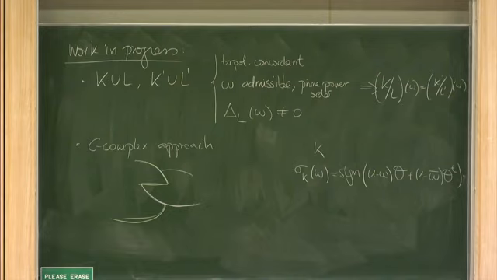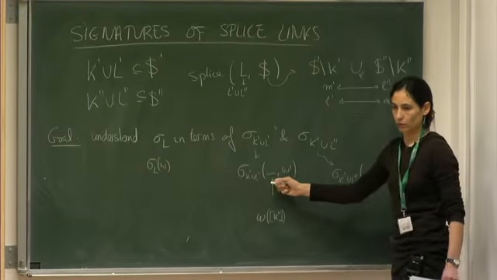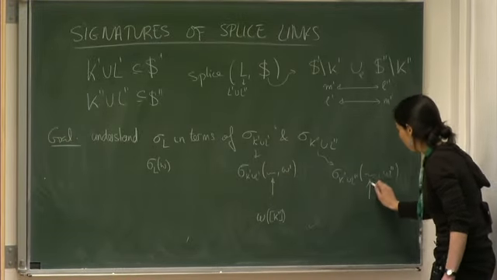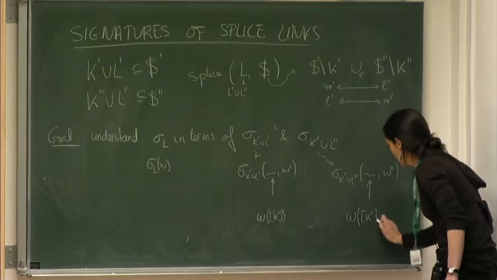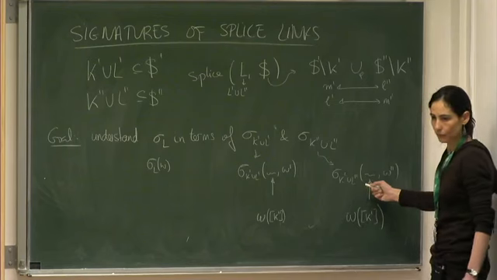So this somewhere is exactly: I understand my omega as a character, and I evaluate it in k prime prime, and I put it here. And here, I understand my omega as a character, I evaluate it in k prime, and I put it here.